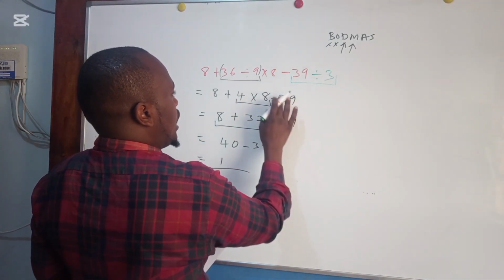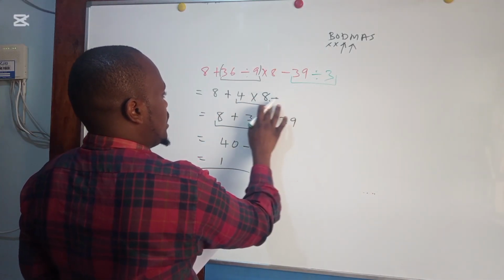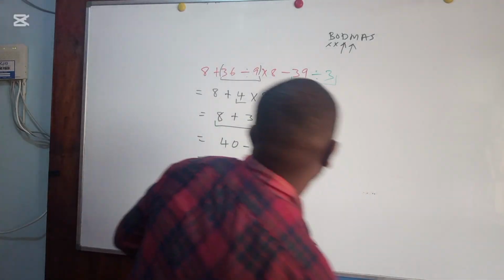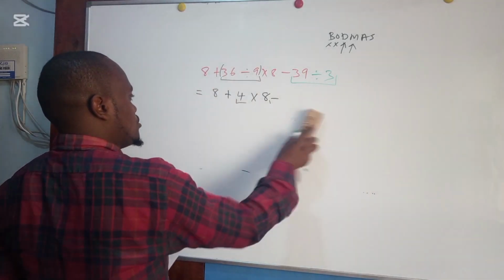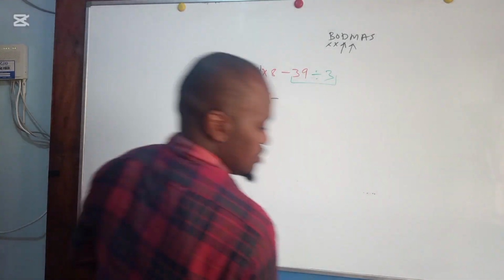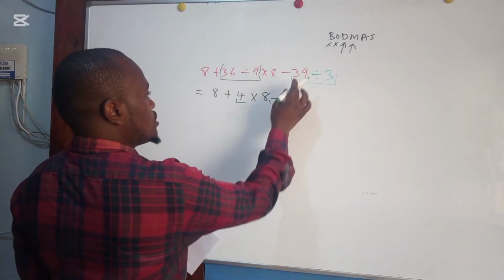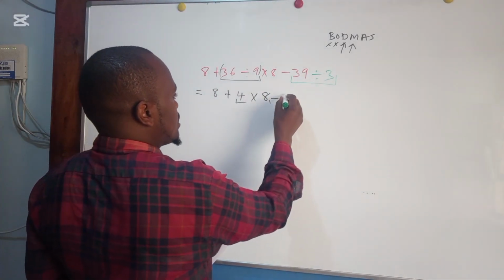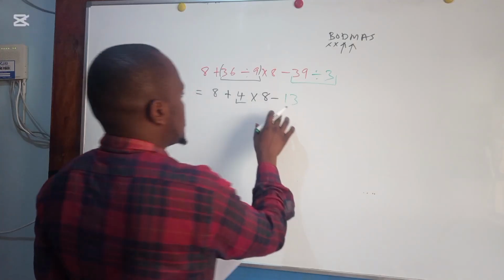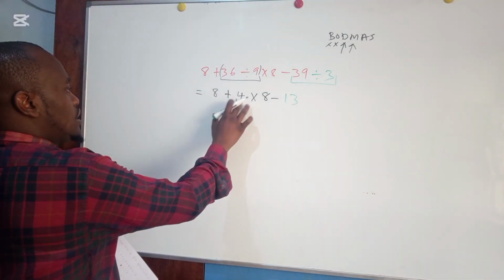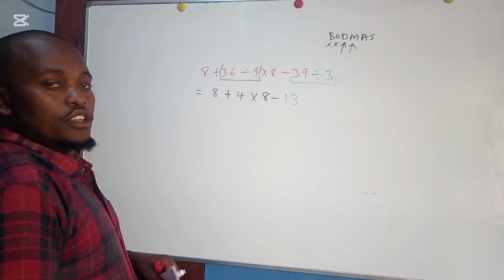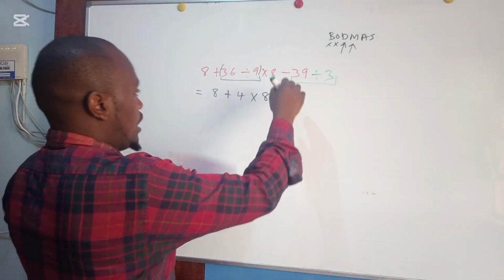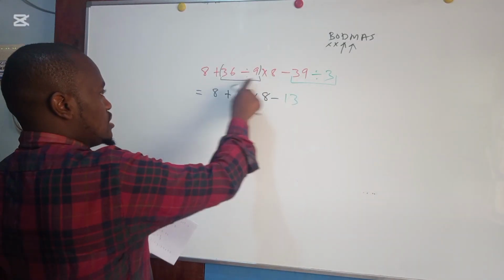And my answer would be, I'll not continue to the end, I'm going to just indicate how it would have been. 39 divided by 3 is 13. So this would have been the steps I would have taken. You can actually solve 2 at the same stage. You solve this and you solve this.